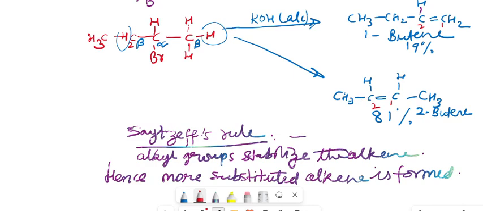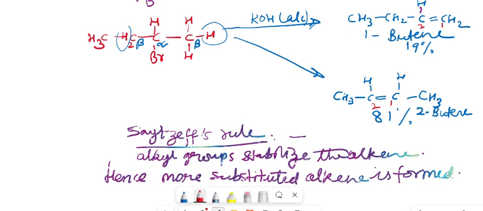So there are more alkyl groups present on the double-bonded carbons here, whereas there are fewer alkyl groups attached to the carbon atoms having the double bond in the other. So the more substituted alkene is the product formed according to Saytzeff's rule.